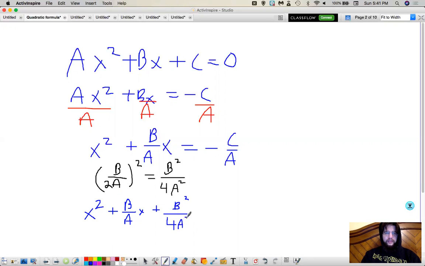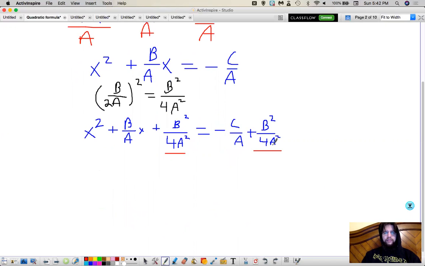So I added this to the left side, and I also need to add it to the right side: negative c over a plus b squared over 4a squared. We added the same thing to both sides, so we didn't change the value of either side. It's the same equation, and it's still true.